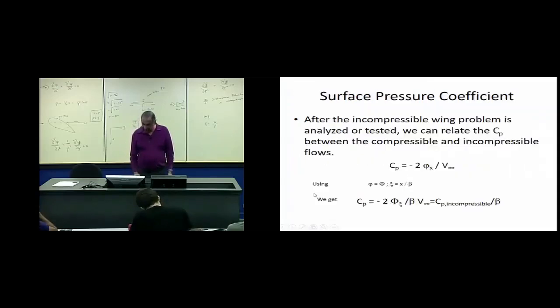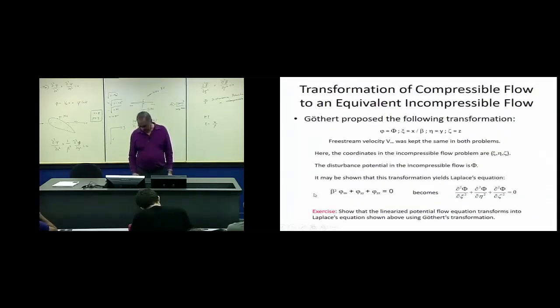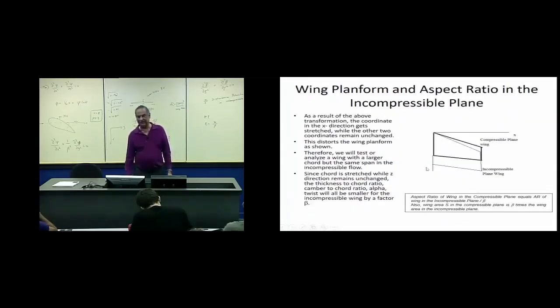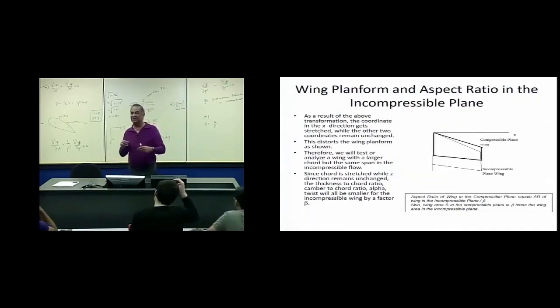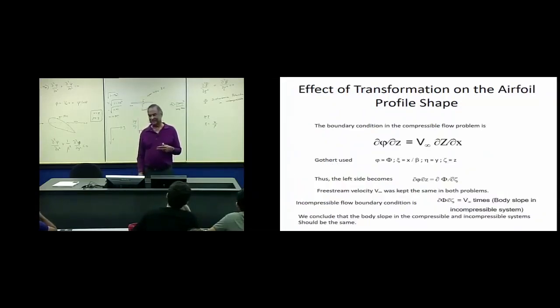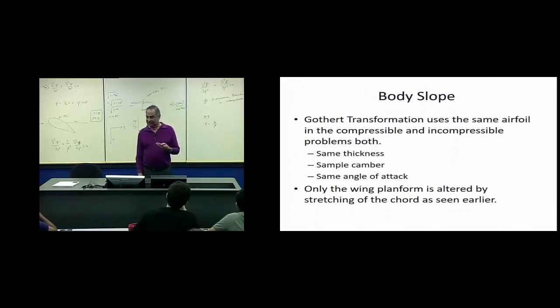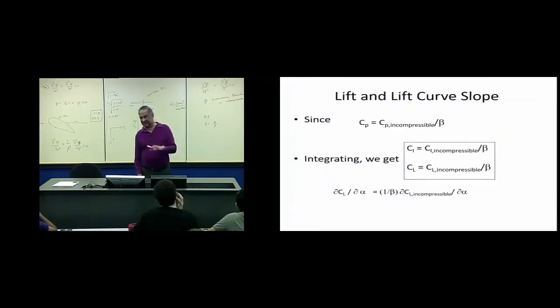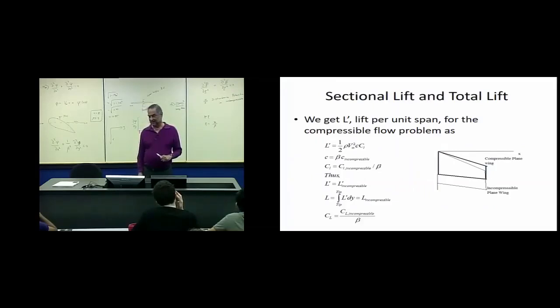It's not the same physical wing though, it's a modified wing. Okay? So you can't take your homework number 2 and divide by beta. It won't work. You have to stretch the wing, analyze it, get the 2D incompressible answers, then divide by beta. So this is how we will do it. Okay? So this in a nutshell is Gothert's rule. Okay? Gothert also said, as far as the induced drag is concerned, by the way, L prime is going to go this way.